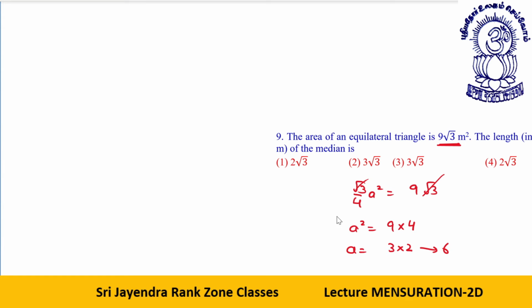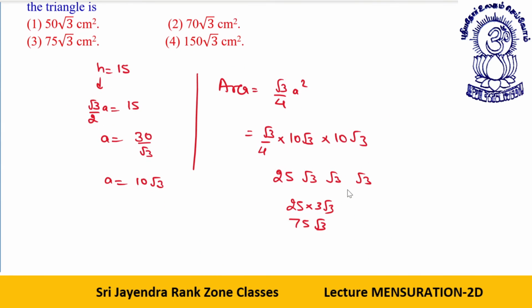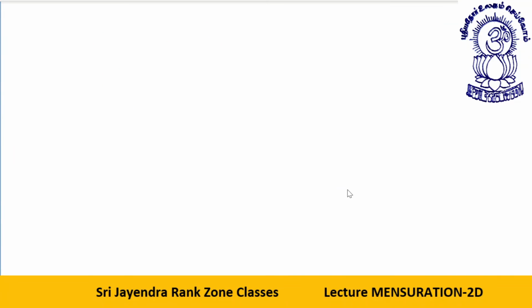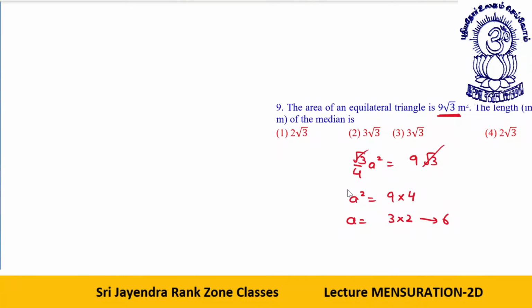Median. You need to find the length of a median. Median is what, my dear students? Median is actually h, for an equilateral triangle, that is root 3 by 2 a.